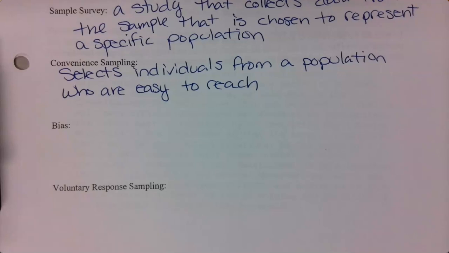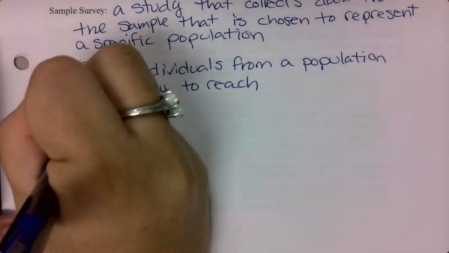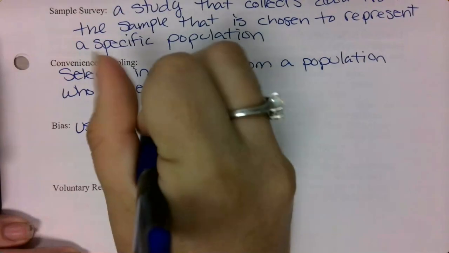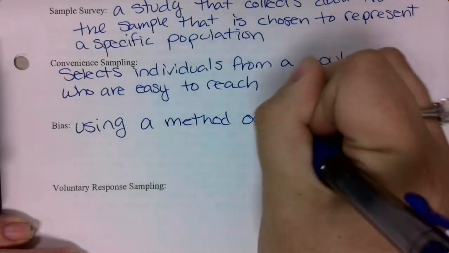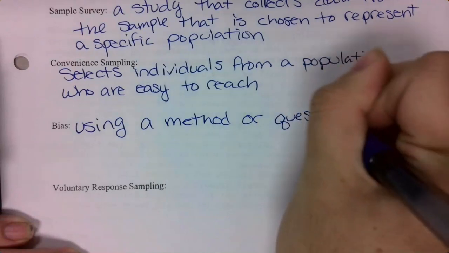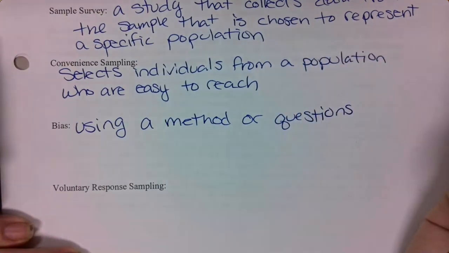Another thing I can do is, like, if I go up to students, I'm like, what do you think is a terrible lunch here? I'm kind of like tricking them into how to think. So this one is using a method or questions that favor certain outcomes over others.